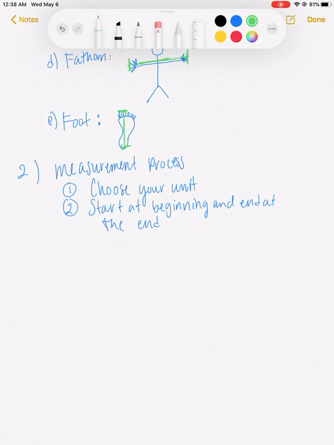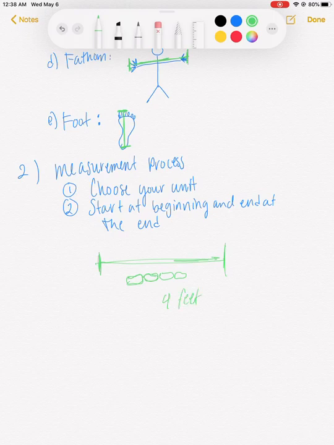You have to measure this distance here. If you're going to measure it using feet, you have to start at the beginning, which means that you can't just measure your foot right here. We'll pretend that these are little footprints, and then stop here and say that that's 4 feet.